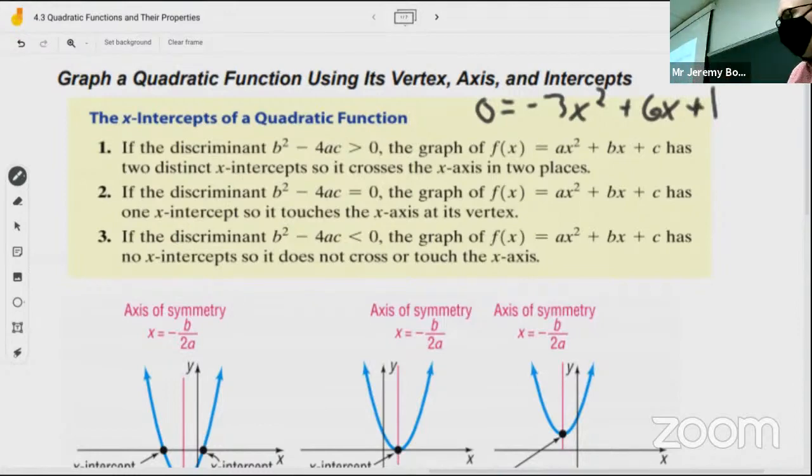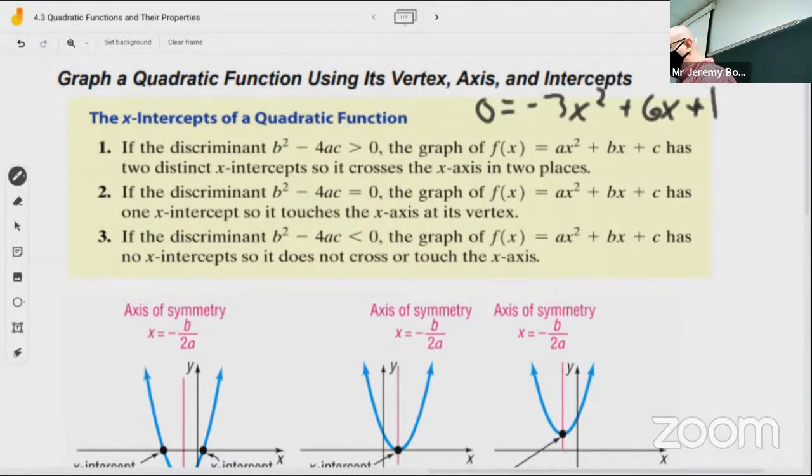Now, you could factor this if possible to try to solve it. You could use the quadratic formula to solve it. Whatever you want. There are some things that we can use to help. The discriminant, like we use for the quadratic formula. That still applies.